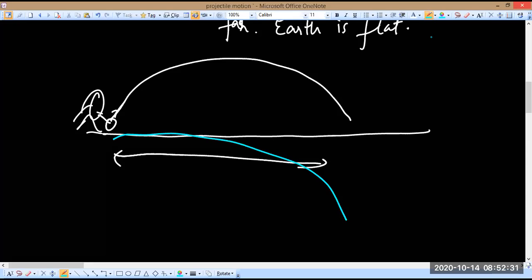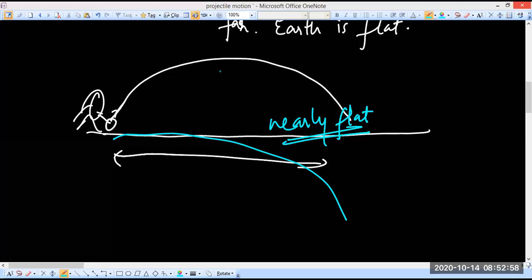Does the earth curve that much? You can stand on a tall building and you are still going to see that earth is nearly flat. I know it's not flat. I'm not saying that earth is flat. Don't go back saying that sir taught that earth is flat. Earth is definitely a sphere, or spherical.